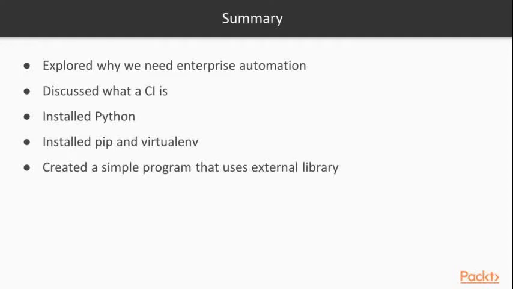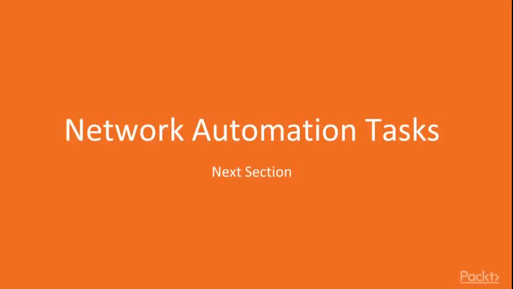And we created a simple program that uses an external library, and we achieved a non-trivial task in very fast time. And in the next section we'll be looking at the topic of network automation tasks. So we will try to automate some kind of network management using Python.